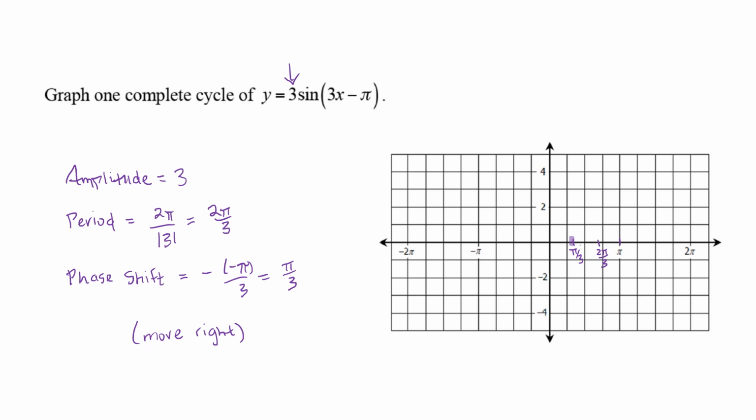Since my amplitude in this case is 3, my next value is going to be 3. So that's going to be halfway in between pi over 3 and 2 pi over 3. Let's just mark that. And then I'll come back down to 0, and then halfway in between 2 pi over 3 and pi, I'll go down to -3, and then to pi, I'll go back to 0.